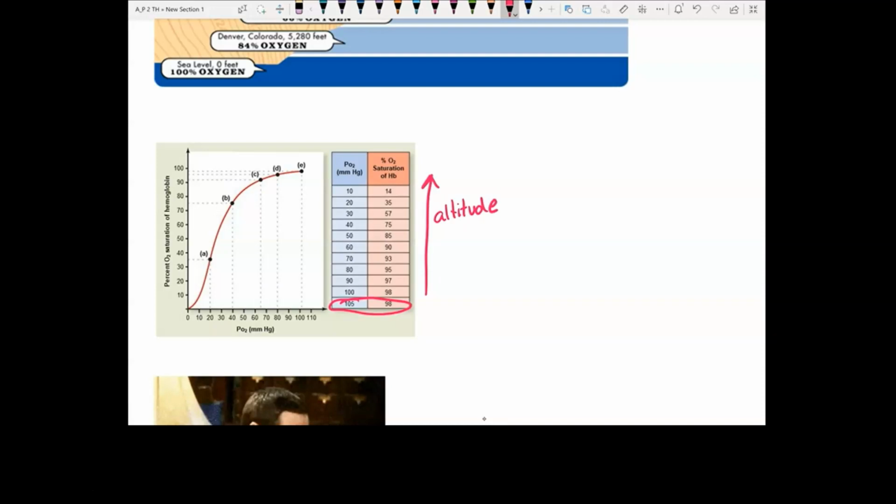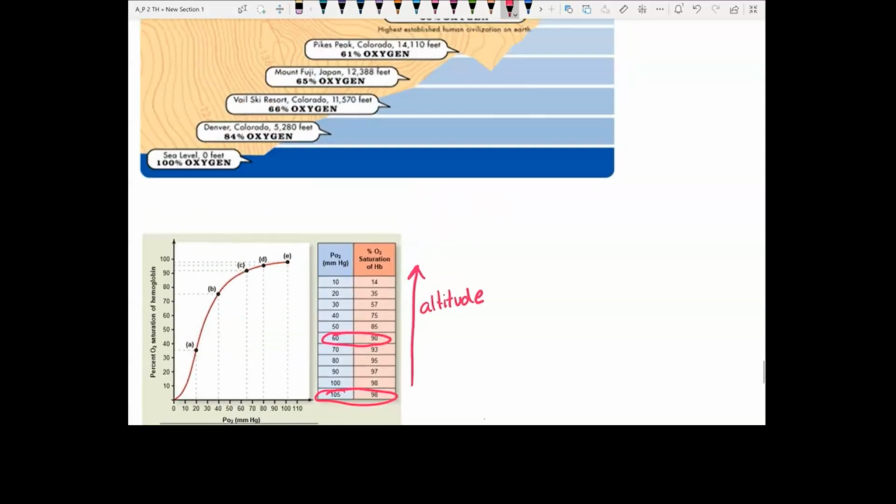And so your blood oxygen saturation would go down. Say you're somewhere where the partial pressure of oxygen is only 60 instead of 105, you would only be able to obtain a 90% O2 saturation.